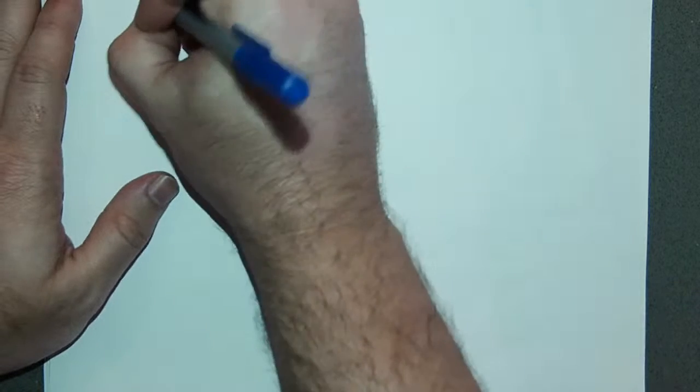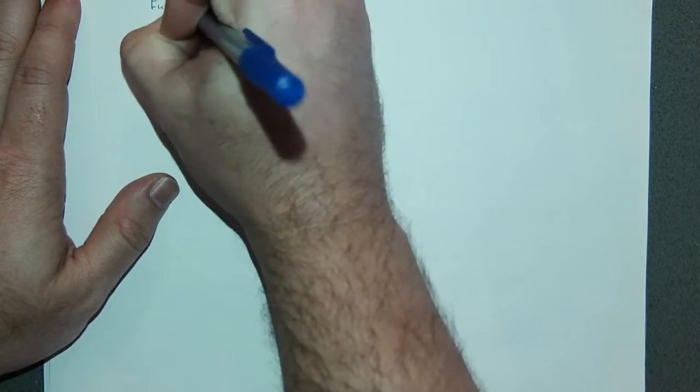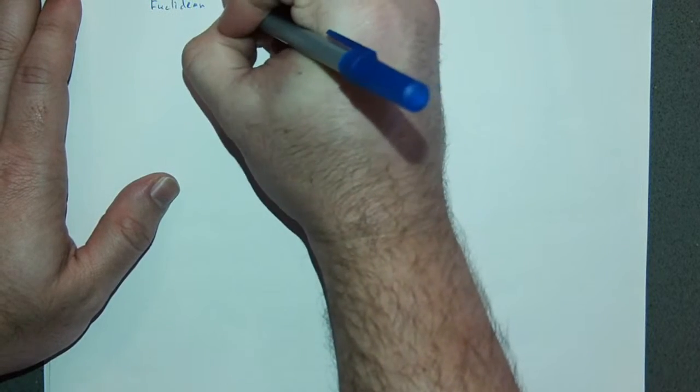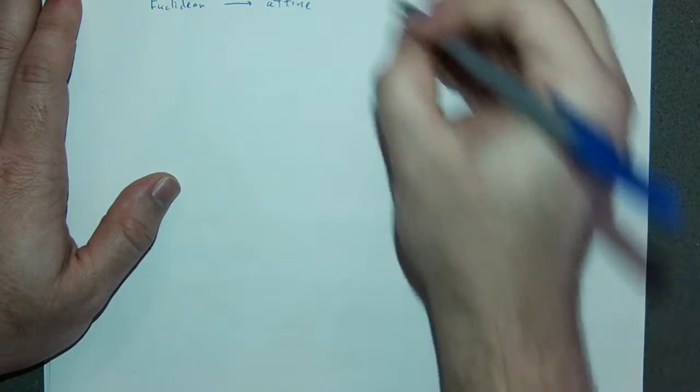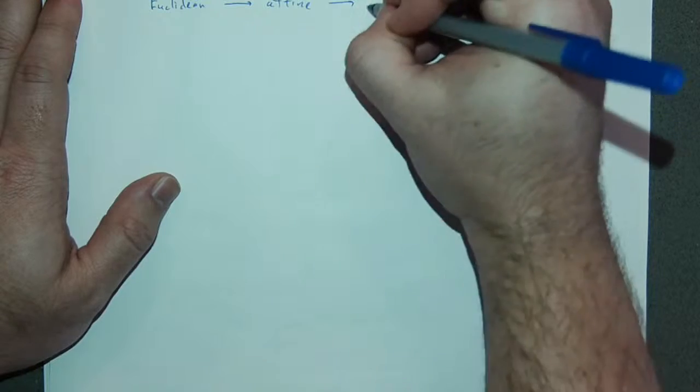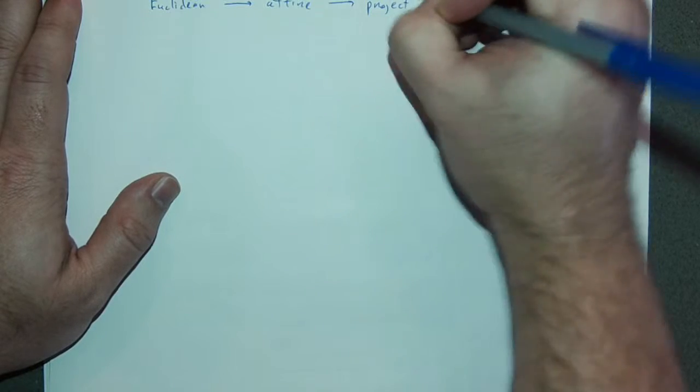Now, we didn't mention it at the time, but I've mentioned it since then, that the vector algebra stuff that we did is actually an intermediate type of geometry before we impose the Euclideanness on it. It's an intermediate type of geometry known as affine geometry. So we went Euclidean, and then from Euclidean geometry to affine geometry, but we didn't say it at the time. And then we went from there to projective geometry.